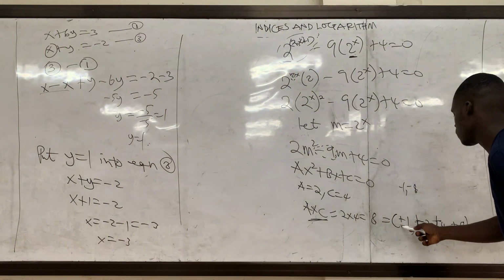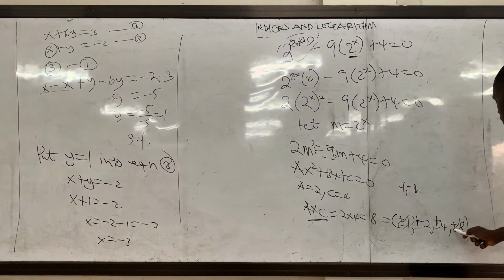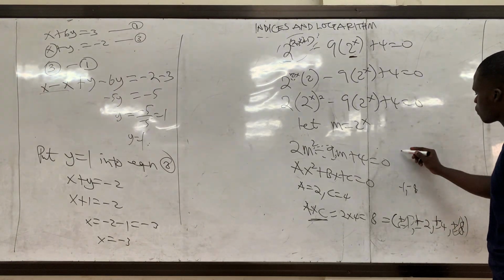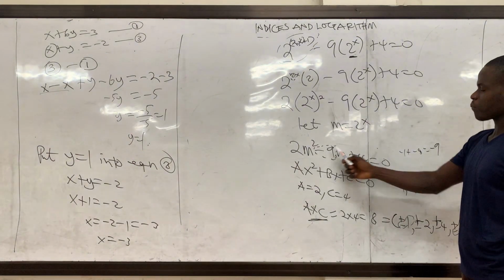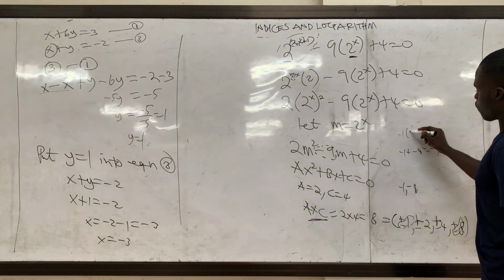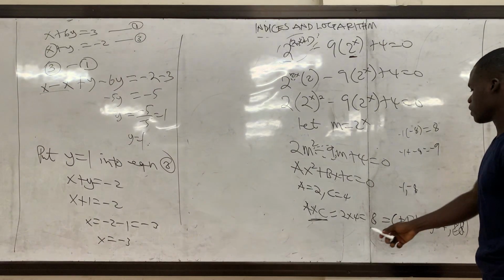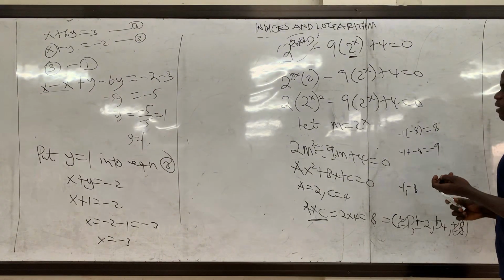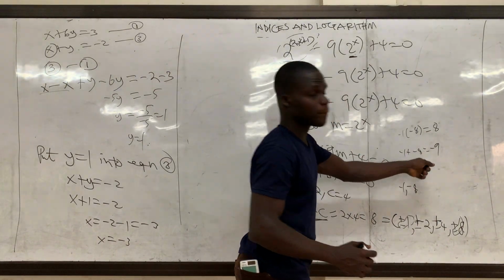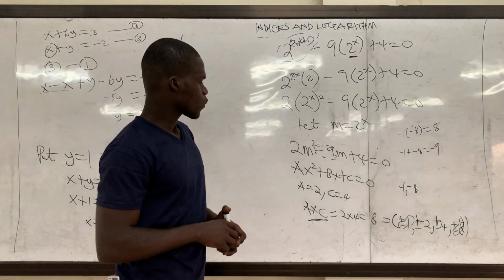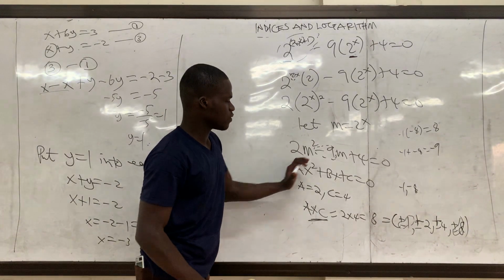When we add negative 1 to negative 8, we get negative 9, and when we multiply negative 1 by negative 8, we get 8, which is a times c. Meaning the numbers we are going to use in solving our question are negative 1 and negative 8. So you can choose to pause the video and write this side.